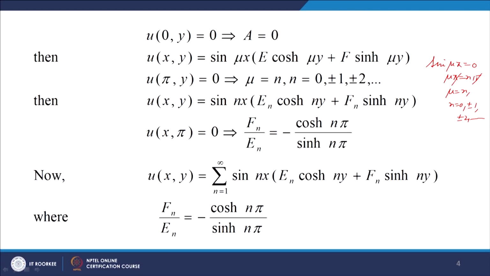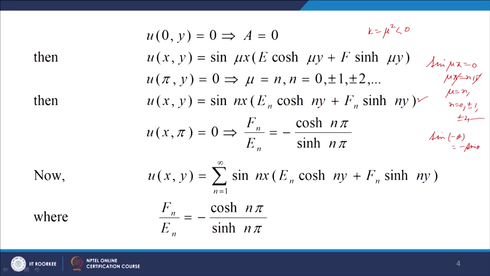Now, here we shall be considering only positive integral values of n, not n equal to 0 or negative integer values of n. N equal to 0 if you take, then what we will get? Mu will be 0, but k is equal to mu square, okay, and k is less than 0. So, mu can never be 0, and therefore, n equal to 0 is not admissible. But if you take n equal to minus 1, minus 2 and so on, then we know that sin(minus theta), okay, is equal to minus sin theta.